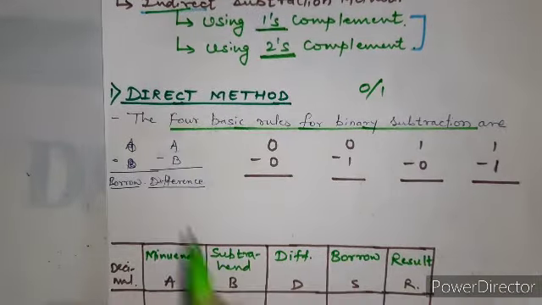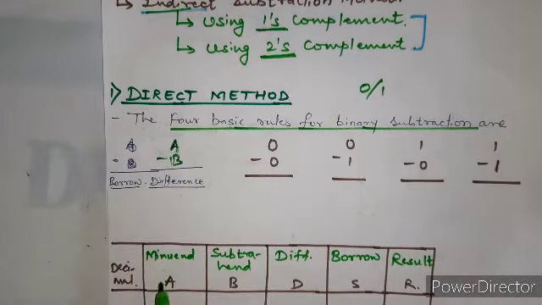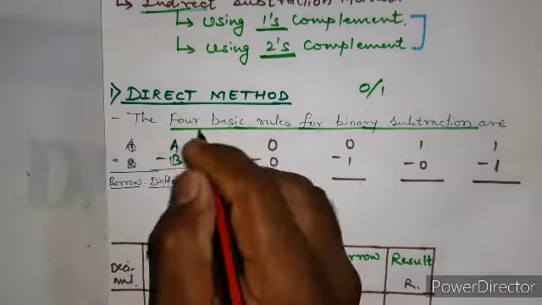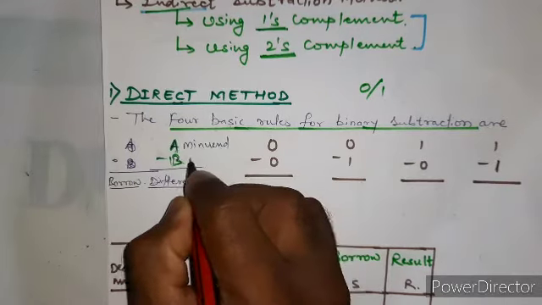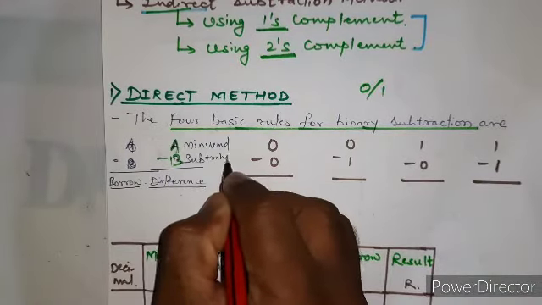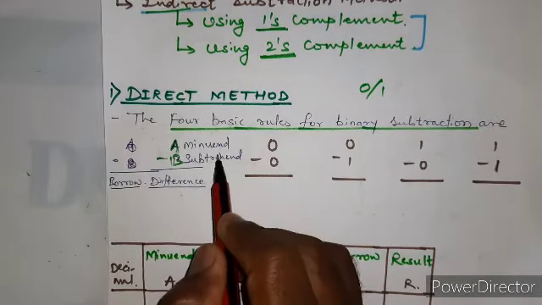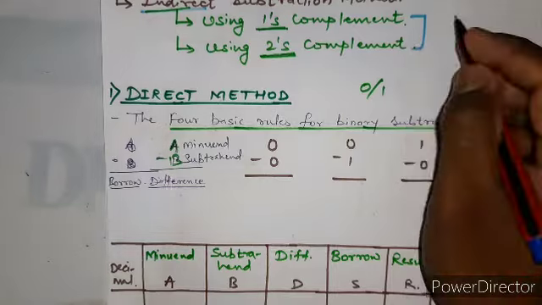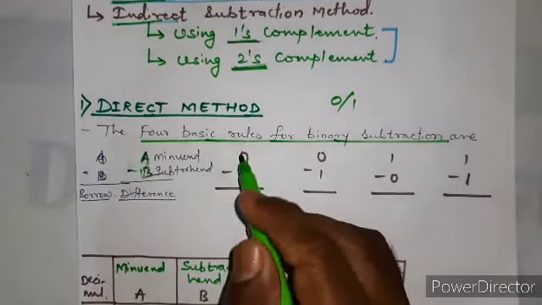Okay, so this is the format A minus B, where A is called the minuend, and B is called the subtrahend, because these terminologies will be required in this 1's complement and 2's complement. Okay, let us see the rules of this binary subtraction.